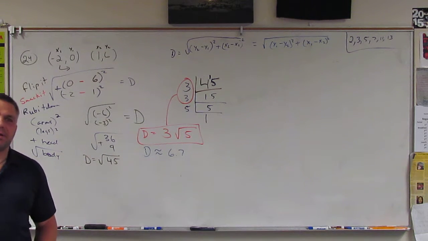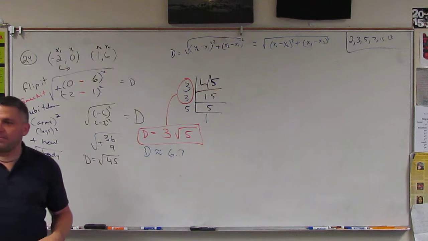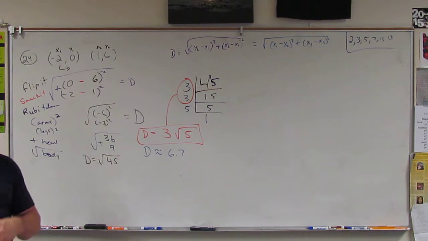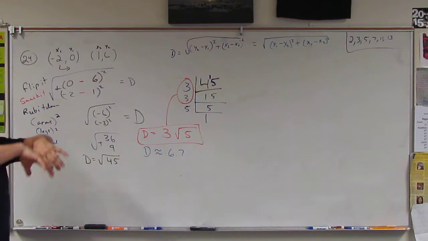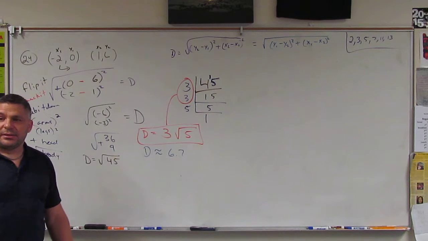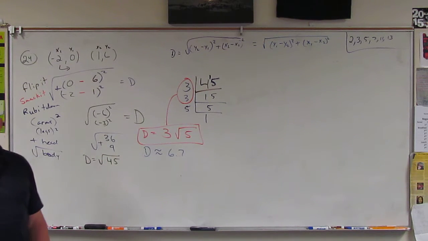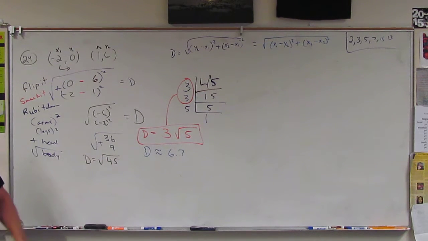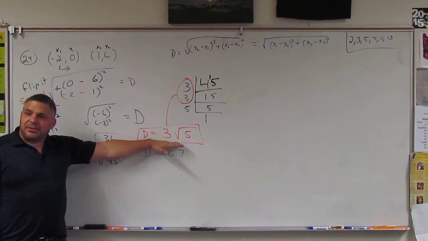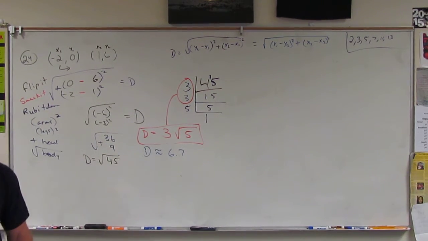Now you're talking about things that have to be a lot more exact. Depending on the process, if you're creating a telescope like the Hubble, that better be exact, as exact as you can get. Okay? So that means you've got to go out as many decimal places as you possibly can. And if you can use exact numbers like this, it's going to be so much better for you. Okay? Alright, so that's the difference between exact and approximate.